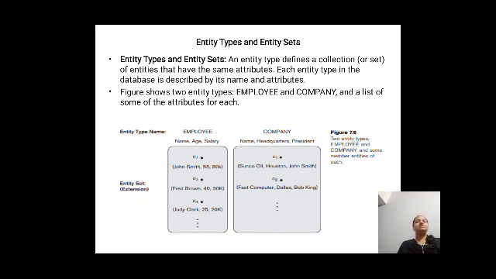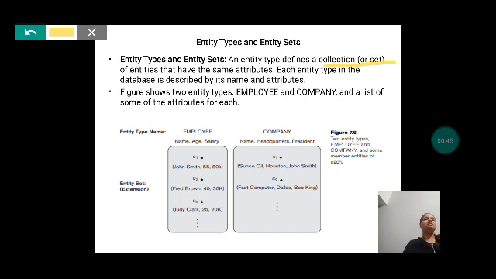See, what is this entity set? Entity type defines a collection or set of entities that have the same attributes. Each entity type in the database is described by its name and its attributes.